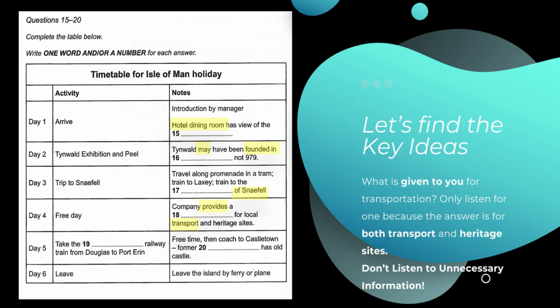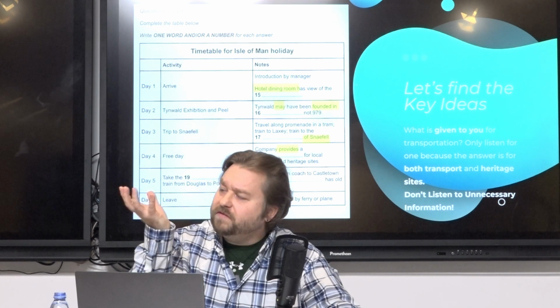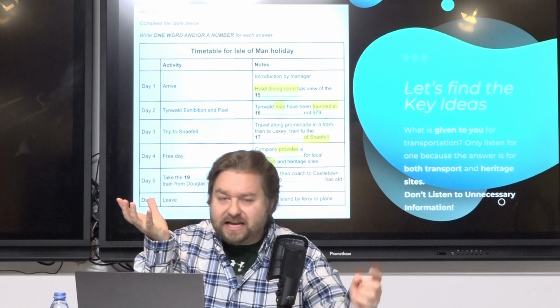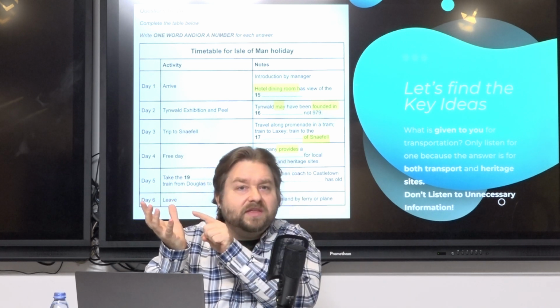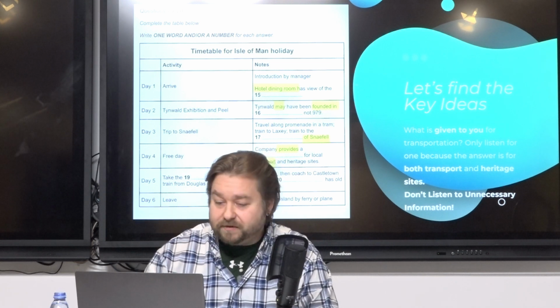Provides transport. What is given to you for transportation? Only listen for one because the answer is both transport and heritage sites. Don't listen for unnecessary information, and that's such an important thing. You have all of this information to listen to, right? But if we know the key idea, we can choose just one thing for our brain to pick up, and that's active listening.